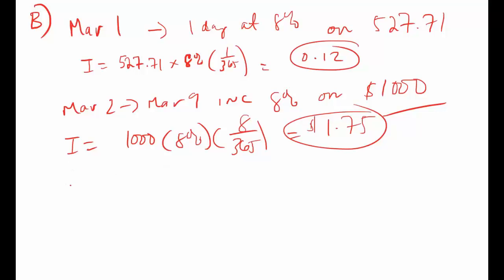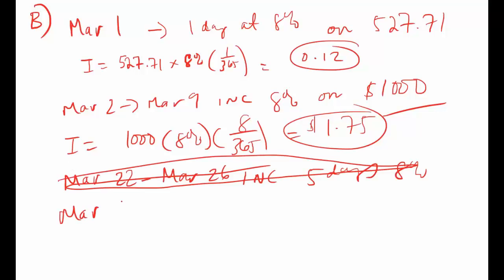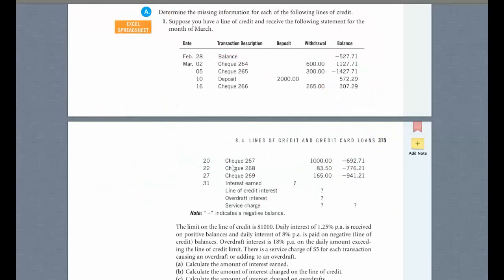Next, let's do March 20th to the 21st. Inclusive, 2 days at 8% on the 692.71 because I missed that day. The 20th goes under 692 for 2 days until the 22nd. 20th, 21st is 2 days.